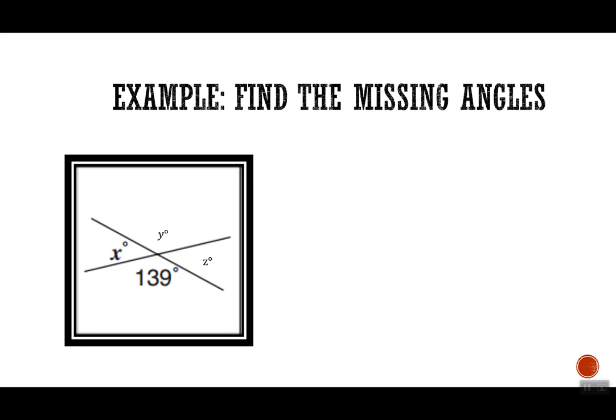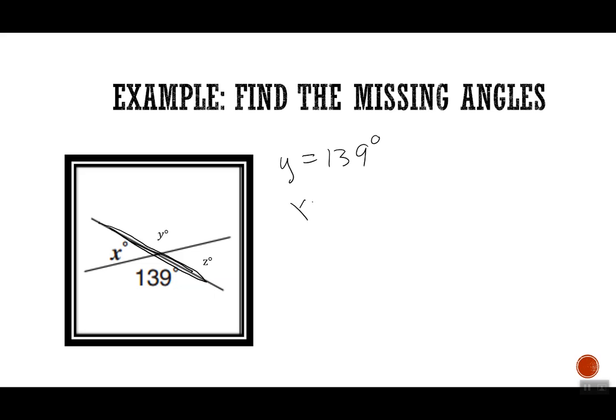The next one, I'm finding the missing angles. I have 3 of them. So I have X, Y, and Z. Where would I start? I would start with the vertical and say Y is 139 degrees. Then I can either look at X or I can look at Z and see that there's this line going through and they would make 180 degrees, so these are supplementary.